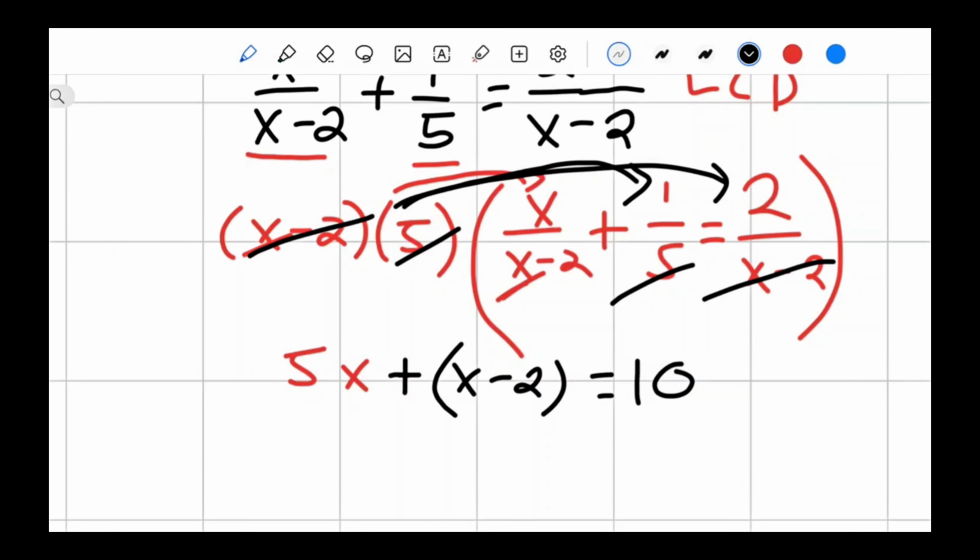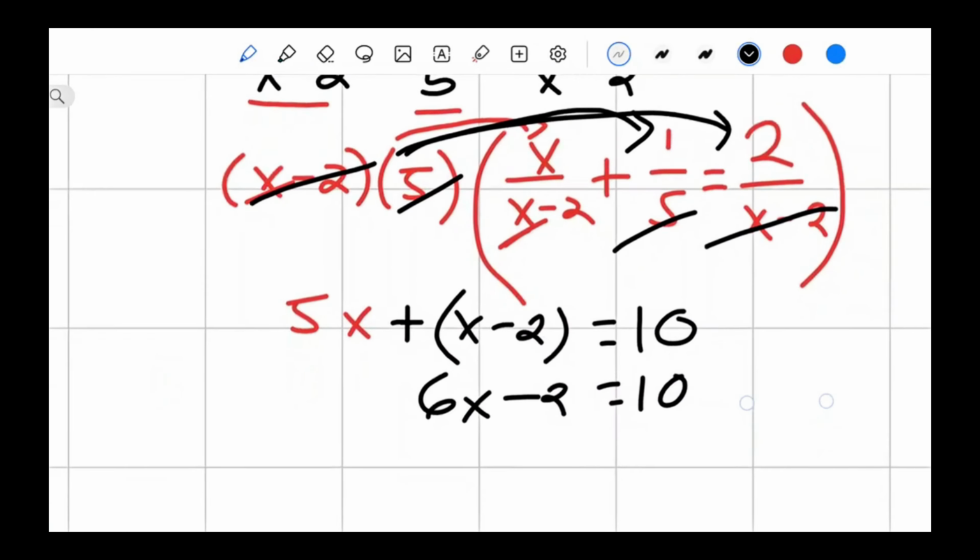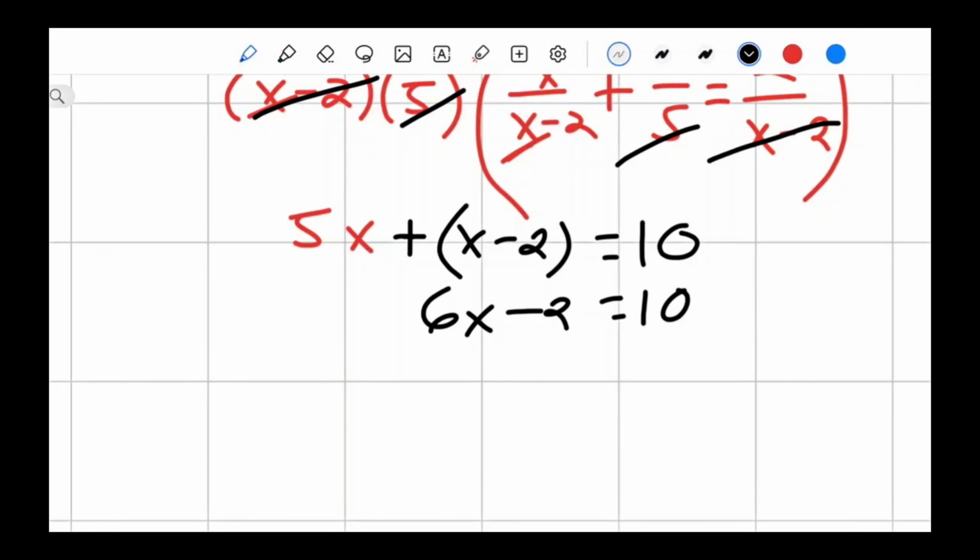Now we combine like terms. So 5x + x is 6x, minus 2, equals 10. Then we put -2 on the other side, so to combine the like terms, we have 10 + 2 = 6x. By the way, 10 + 2 is 12, so we write 12.